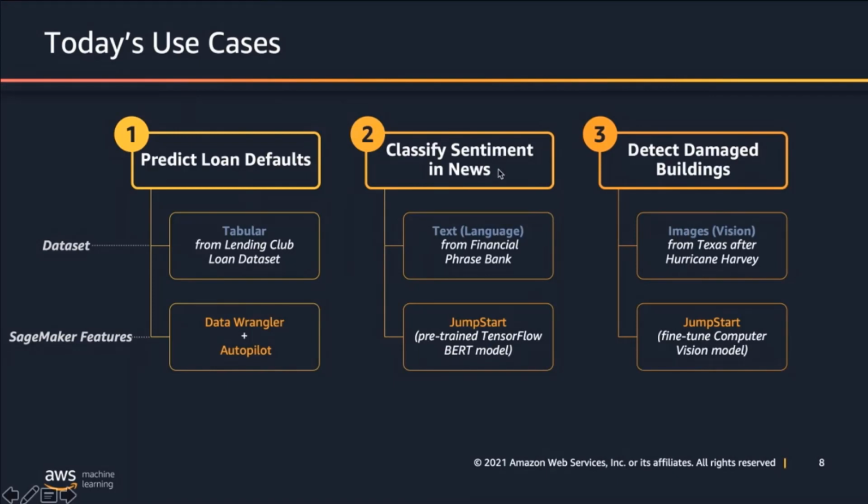In the second one, we will build a sentiment analysis model using text data from news. And in the third one, we will build an image classification model using images from Hurricane Harvey dataset, where we will try to predict if a building is damaged or not. So let's get going, and rest assured that we will give you a lot more details about each one of the use cases as we cover each one of them.